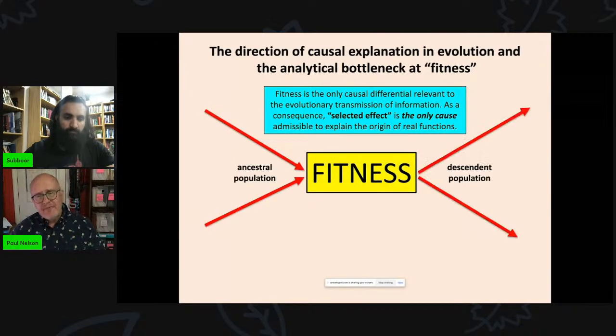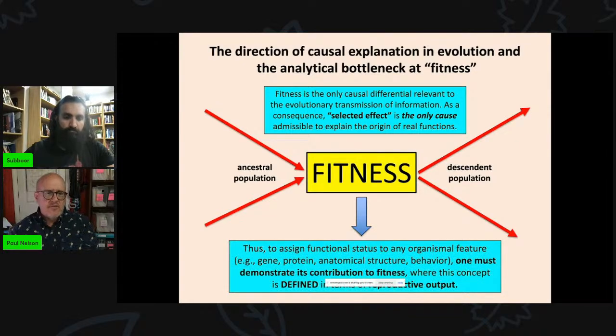So what you have as you're explaining some puzzle is an analytical bottleneck at the notion of fitness, where the ancestral population is going to be funneled in your analysis, in your explanation, through fitness to the descendant population.